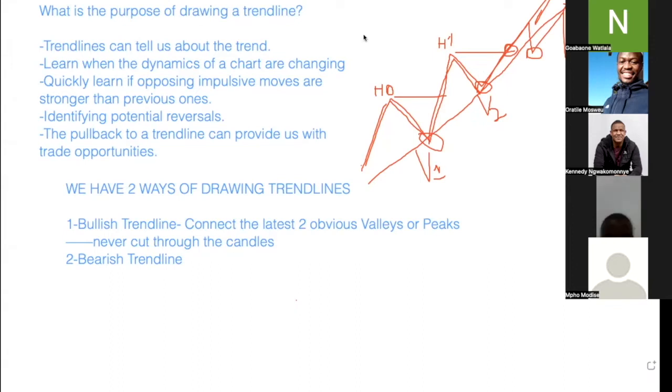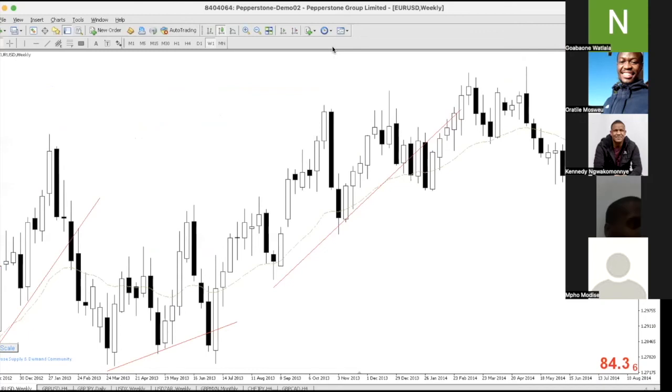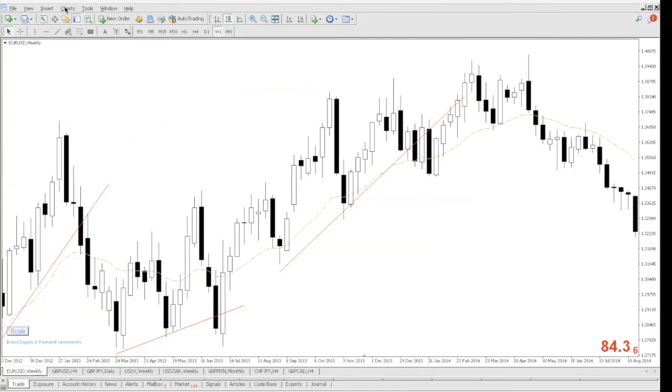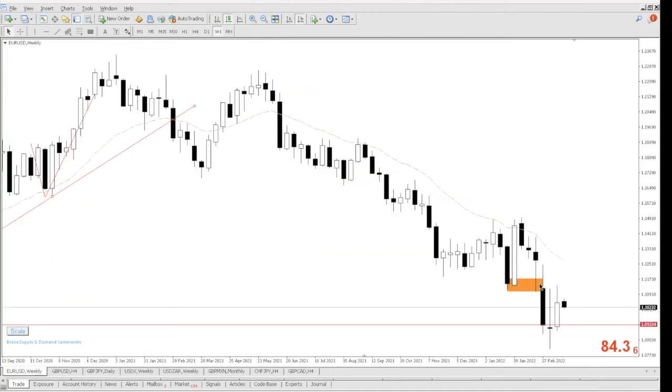So let's go to our charts so that we can see if we can identify our peaks. Remember, for a bearish trend line, we are drawing inverted V's, or you can say we are drawing bearish patterns.